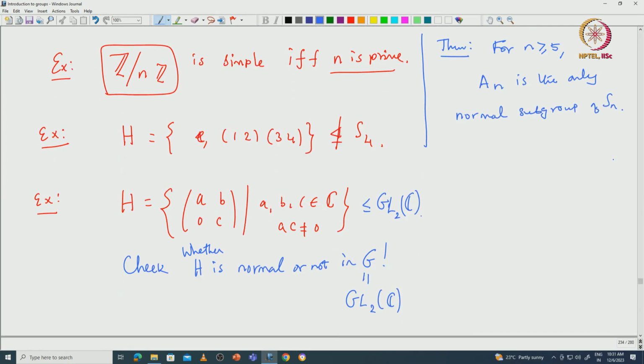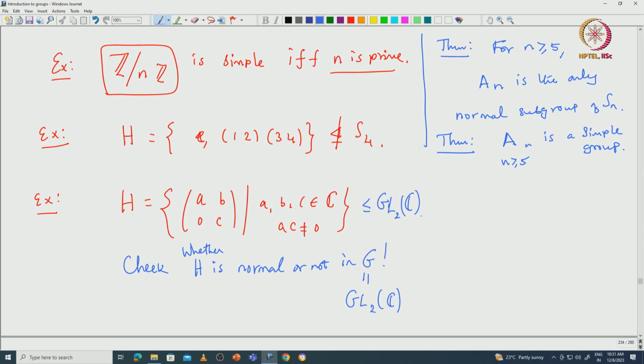As a corollary, we will have that An is indeed a simple group. So An for n greater than or equal to 5 will be a simple group.